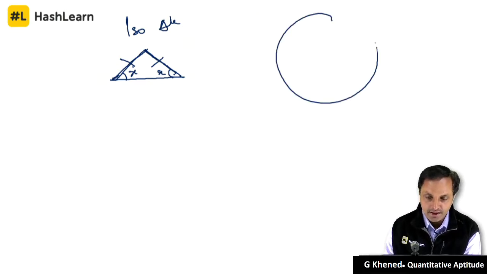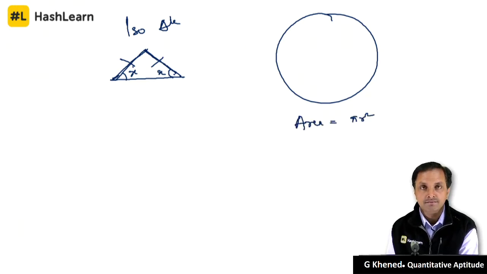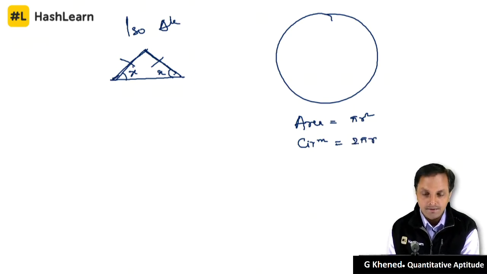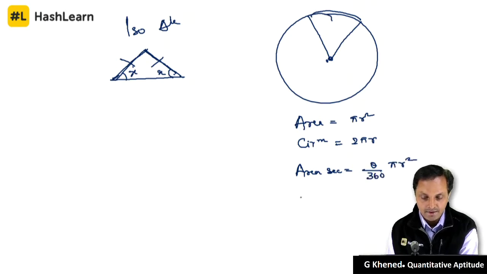Then when it comes to the circle, you know that the area of a circle is pi r square and the circumference is 2 pi r. If you concentrate on the sector of a circle, the area of the sector is theta by 360 into pi r square, where pi r square is the total area.